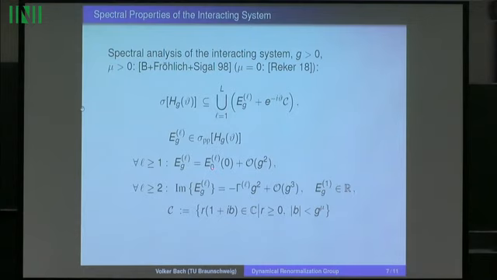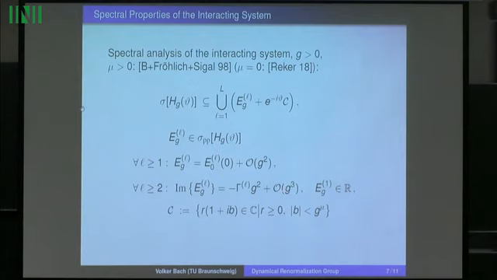And in fact, for the excited eigenvalues, so for little l bigger or equal than 2, where 1 is the ground state energy, and 2, 3, 4 are the excited levels, the imaginary part is, under a certain genericity assumption, a constant depending on the level times the coupling constant squared plus small order corrections.